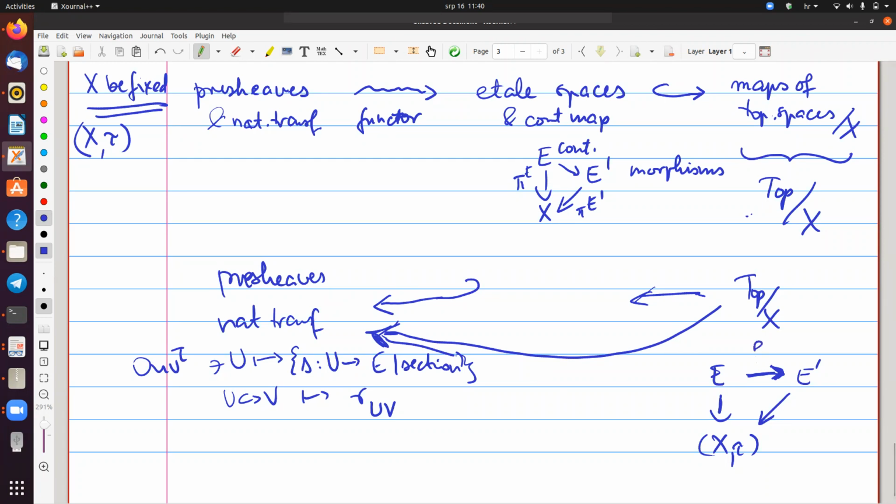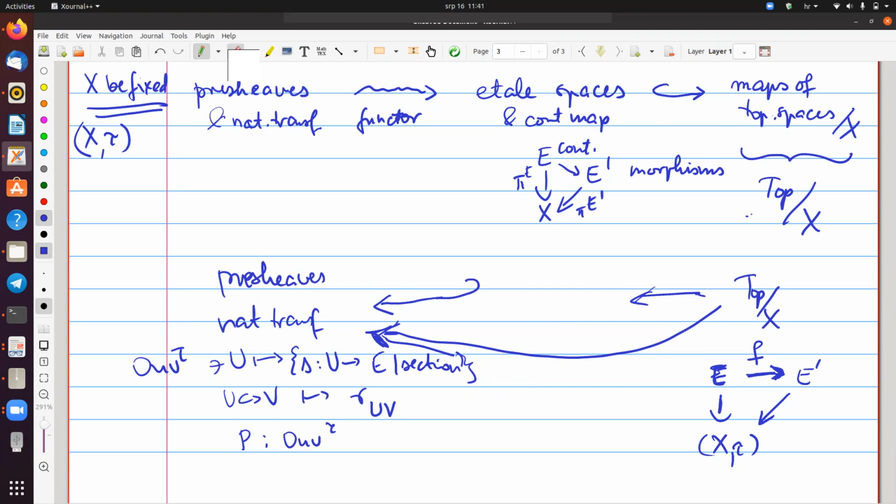So here is some F from E to E prime. Then you have to look at what happens with the pre-sheaves. So this is one functor from the open sets of tau.